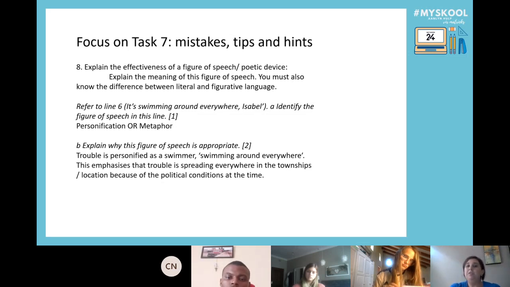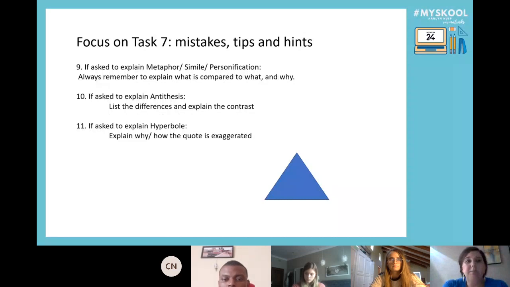You have to know the different types of figurative language and how they are applied and when they are effective and when they aren't. You have to be able to explain a metaphor, simile, and personification. Always remember to explain what is compared to what and why. Now here I added a little triangle for you.